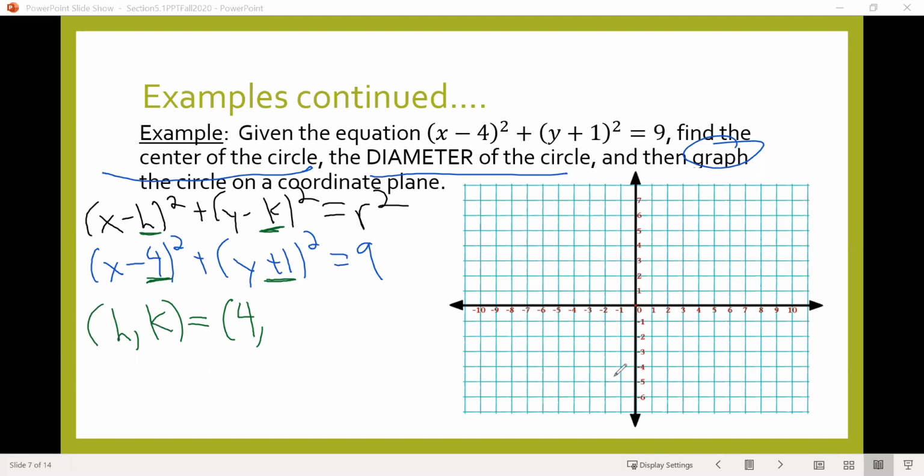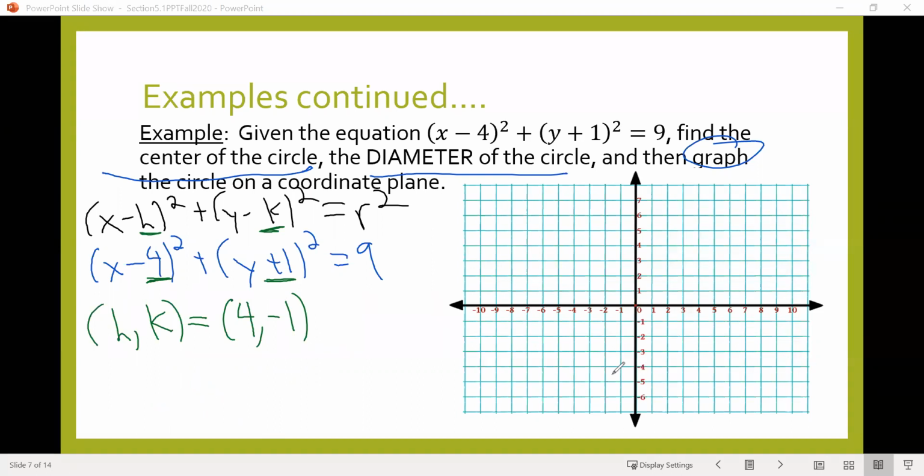If you think back to the previous examples we did, this y + 1 can be written as y - (-1), right? Negative negative makes a positive, so y + 1 is the same as y - (-1). And notice now that is in the form y - k. So we see the value for k there would be -1. All right, so we have the coordinates of the center of our circle.